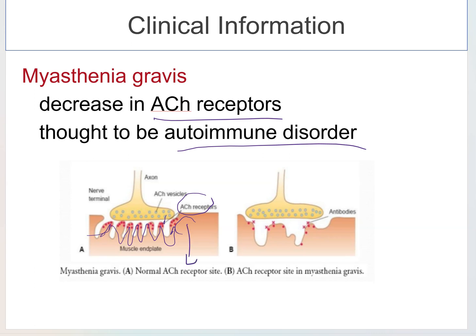Well, what happens here is the immune system makes antibodies that block the receptors. Now you don't have the receptors, so you're going to have a slow, steady decrease in muscle activity and muscle contraction. So this is a slow weakness in your muscles because you have an autoimmune disorder fighting those receptors.